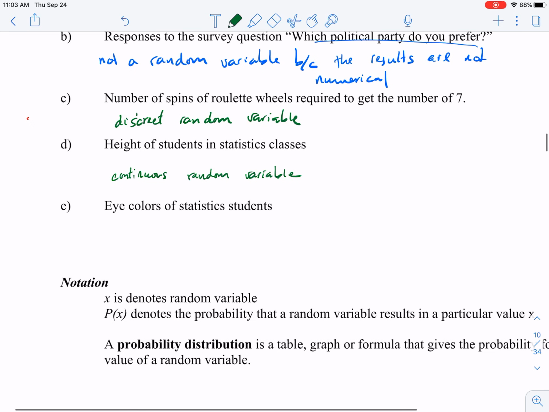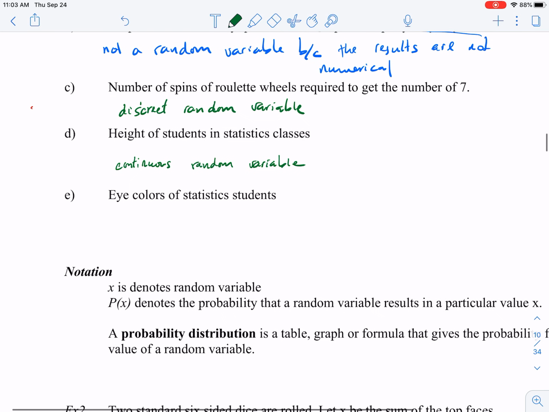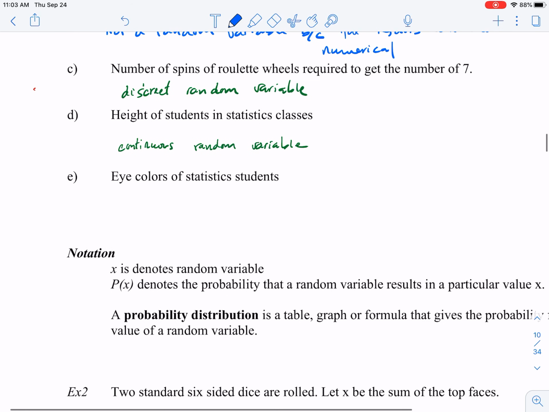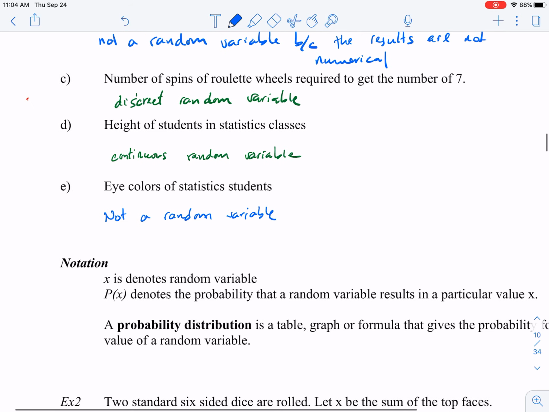Okay, eye colors of statistics students. In this case, the result will be different color of eyes, so therefore they're not numerical values. So in this case, we don't have a random variable because in order for a random variable value to be considered to be a random variable, it has to be numerical value.